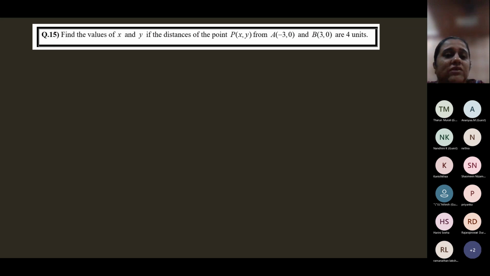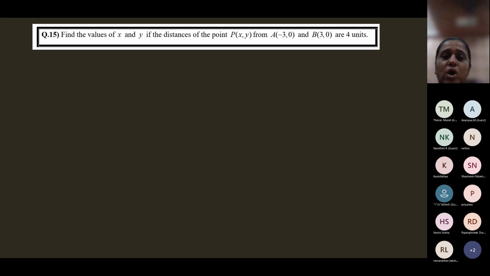Okay, so find the values of x and y if the distances of the point P from A and B are 4 units. So the distance of P from A is 4 units and the distance of P from B is also 4 units.